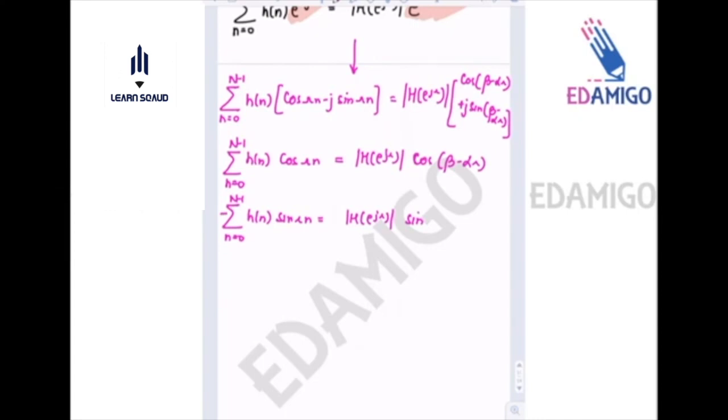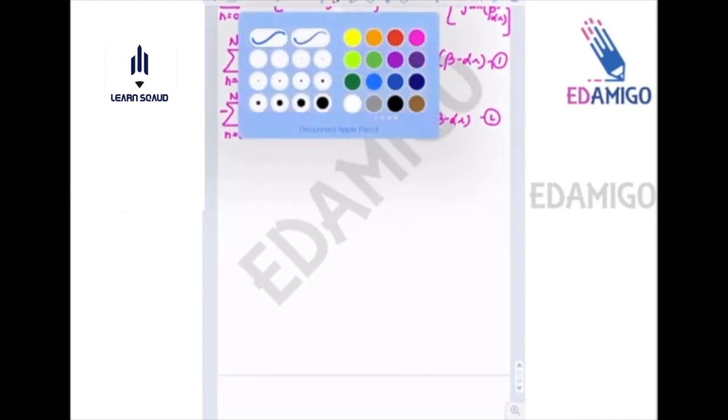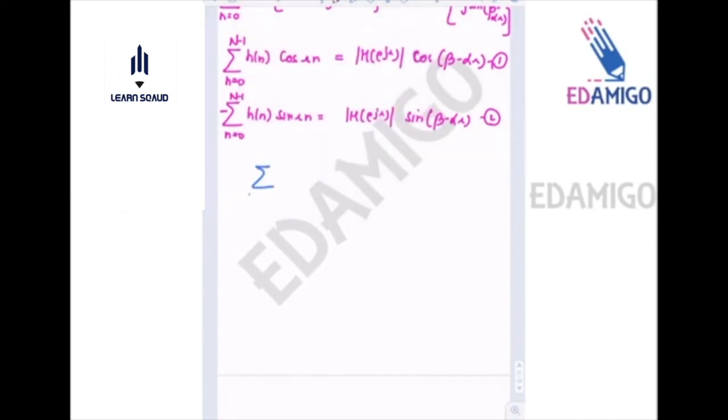Now this is equation number 1 and this is equation number 2 for us. Now taking the ratio of these two equations, we will proceed the same way as we have done there.